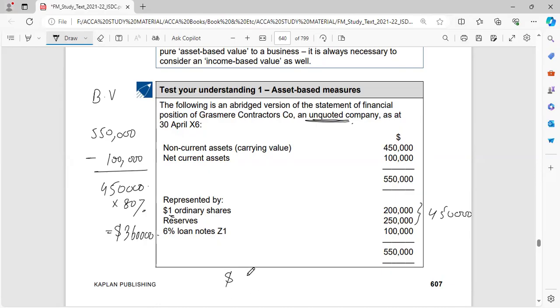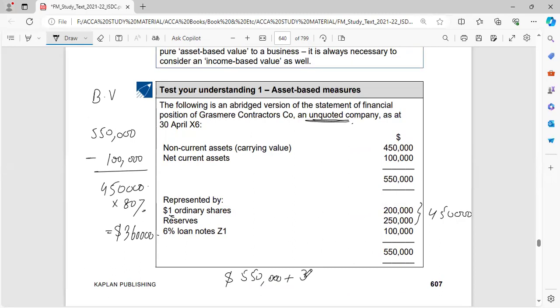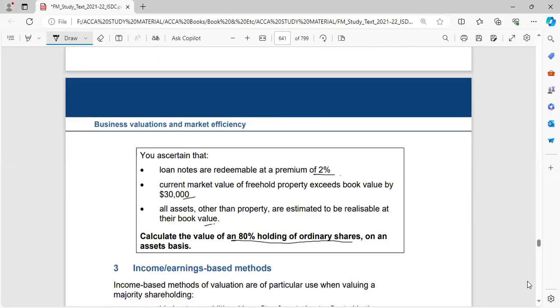Alternatively, if we are using the replacement basis, then 550,000 plus the rise in market value of 30,000, going concern on replacement cost basis, minus long-term loan of 100,000, which is redeemable at a premium of 2%.